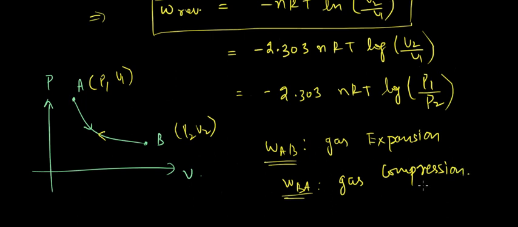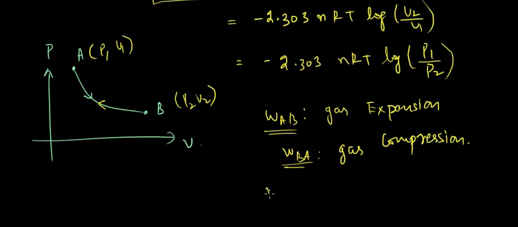Okay, and we can write that W total would be equal to, as it is a reversible process, WAB plus WBA would be equal to 0. And how can we write that?